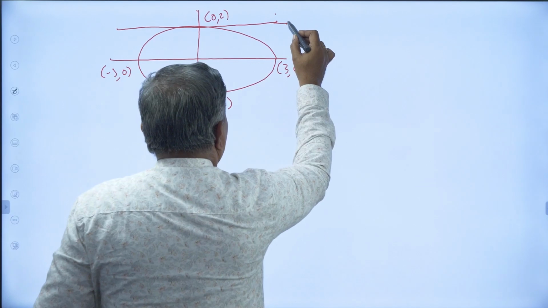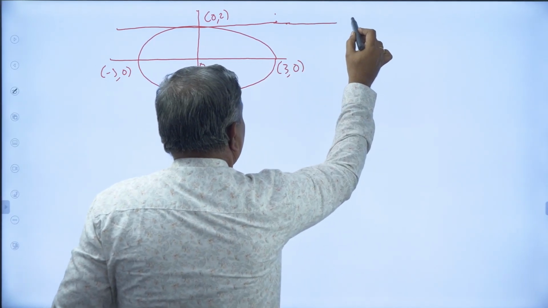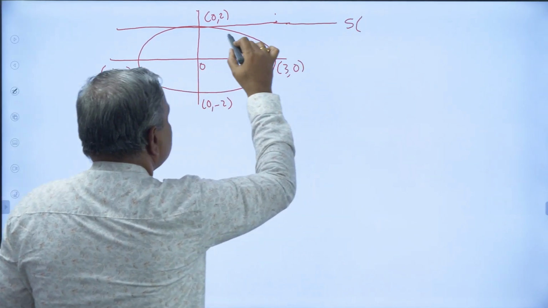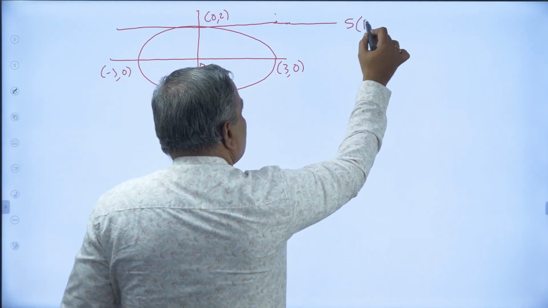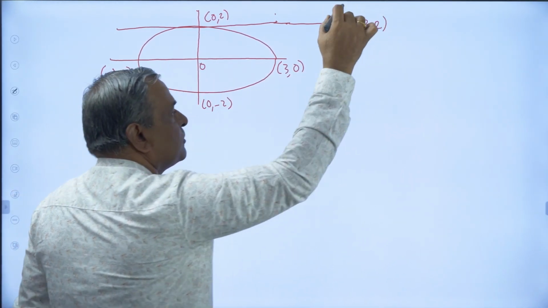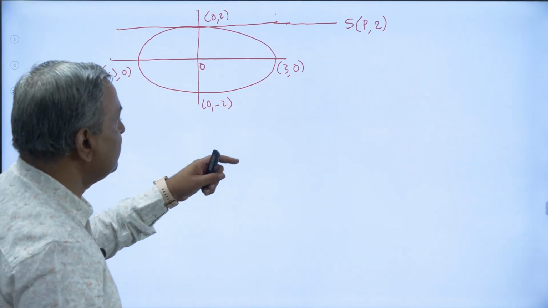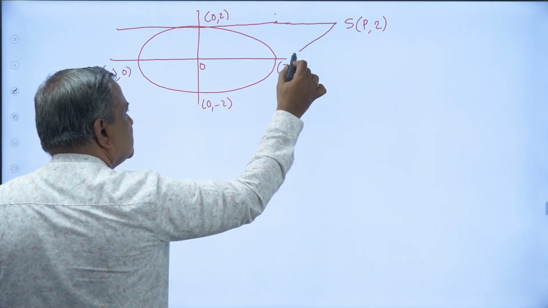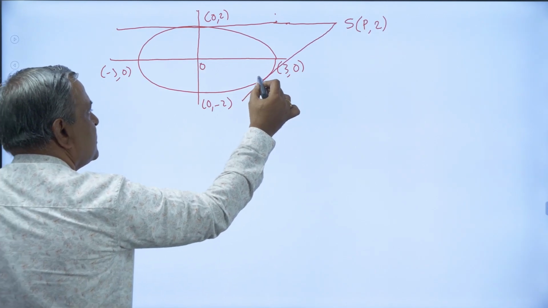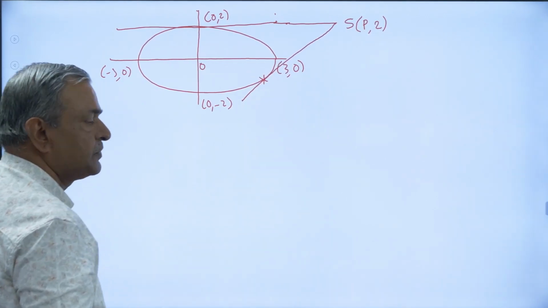I draw somewhere here, this is S. Once you know it is P comma Q, the height is 2, this is P comma 2, already known. See, 10% of the problem is over. This is the one tangent. Another tangent goes like this. And the tangent. Okay, so this is a tangent.